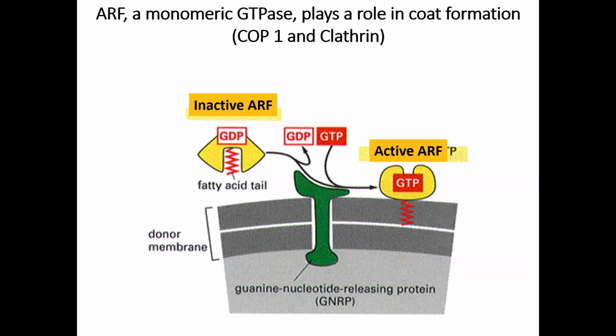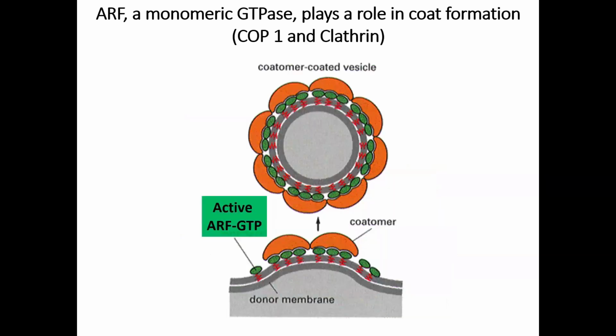It extends that hydrophobic tail when it's bound to GTP, or activated. Here, on the other hand, this is a lipoprotein, so a fatty acid is associated with the protein, lipid plus protein, unlike SAR, which is only a protein.